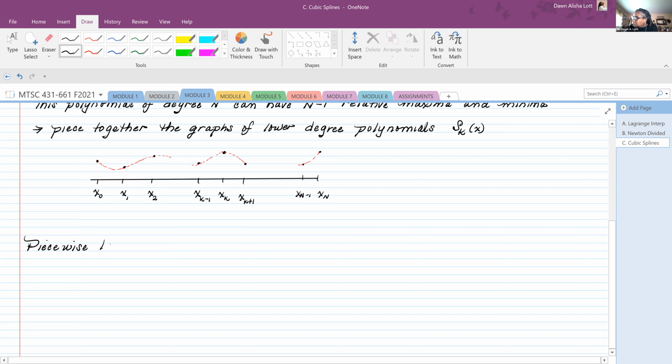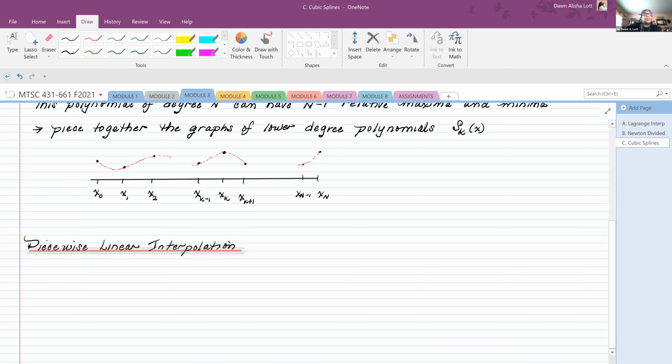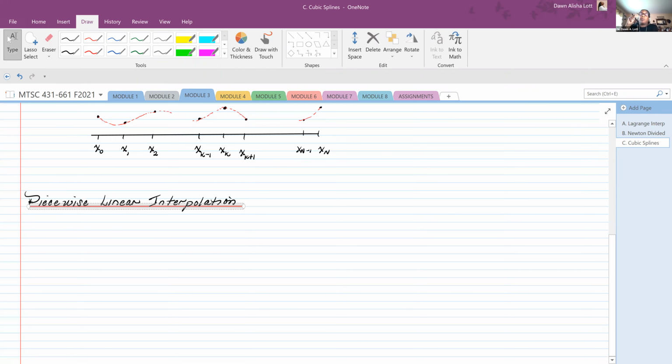So let's look at piecewise linear interpolation. Piecewise linear interpolation is we're just going to put lines between every point. We've seen that before.